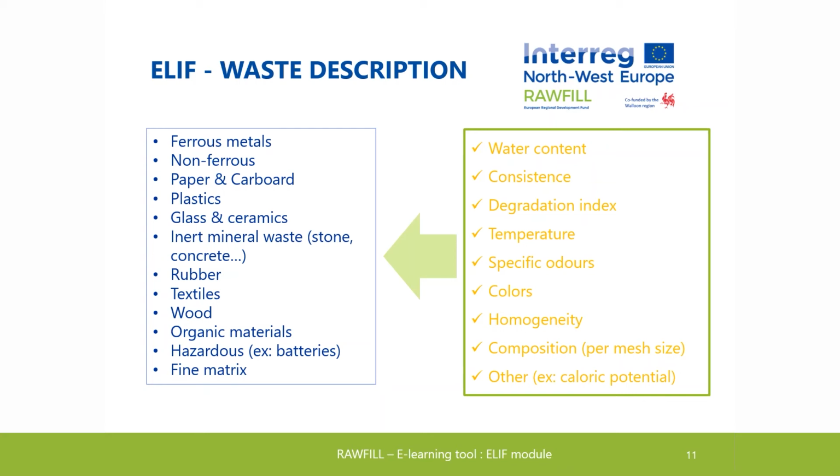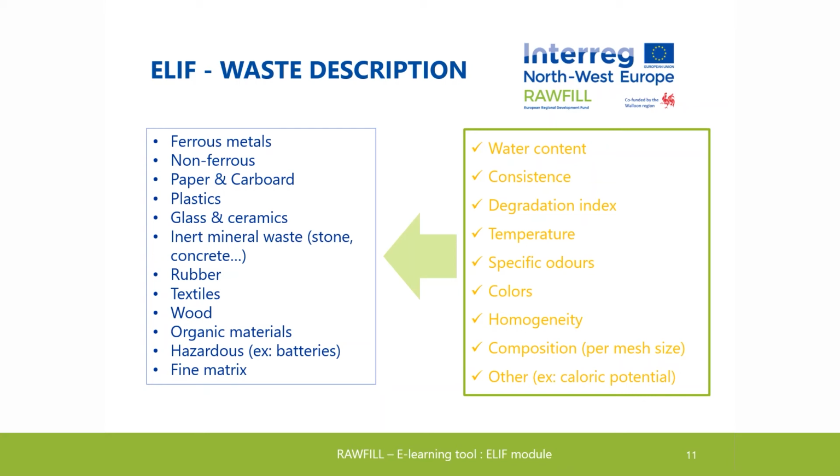All the parameters are defined in the Landfill Miner Guide and in the deliverable SWOT analysis of landfills investigation methods available on the RAWFILL website. You'll find the link below the video. Moreover, a standard description methodology is also presented.